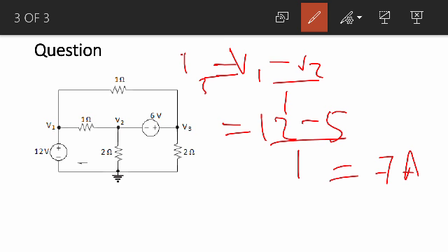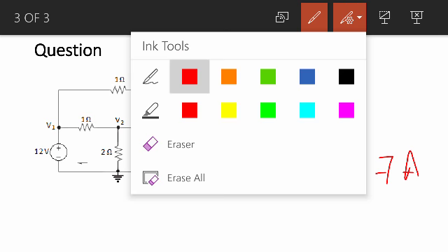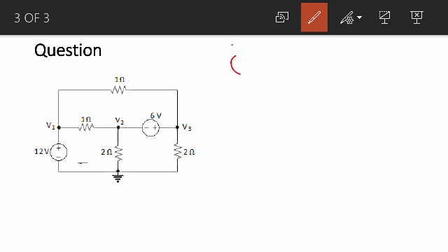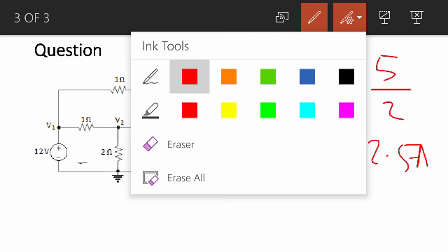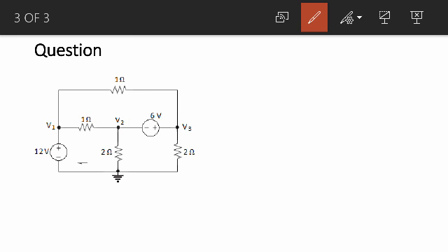Now to I4. Remember, I4 is equal to V2 over 2, and our V2 is 5, so 5 over 2 gives us 2.5 amperes. So our I4 is 2.5 amperes. Now I5 is the current flowing between V2 and V3.